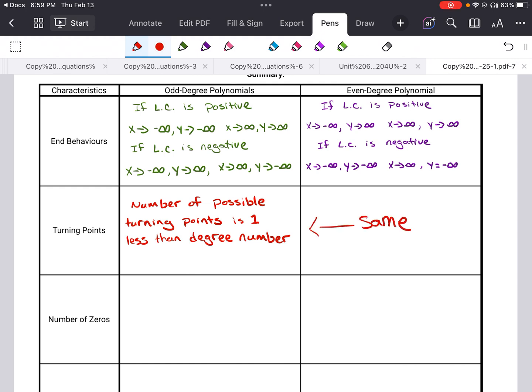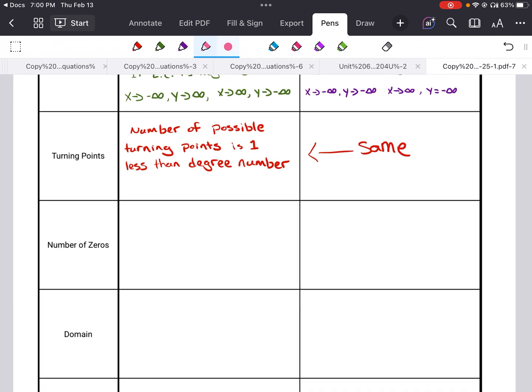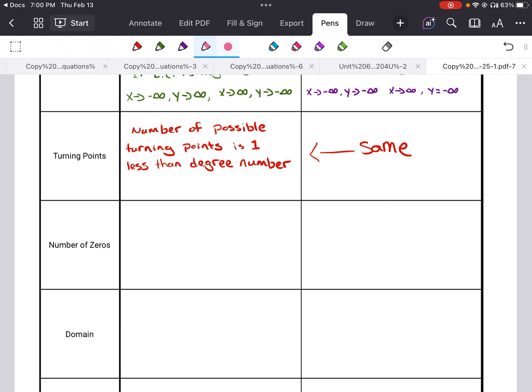It is the same for even degree polynomials. Okay, number of zeros, and it's going to be the same again, but the number of possible zeros is the same as the degree number.